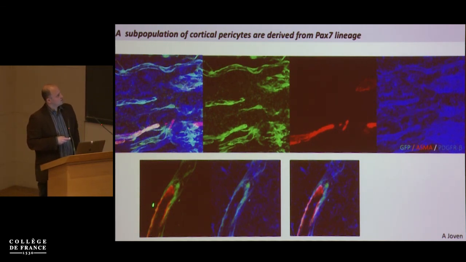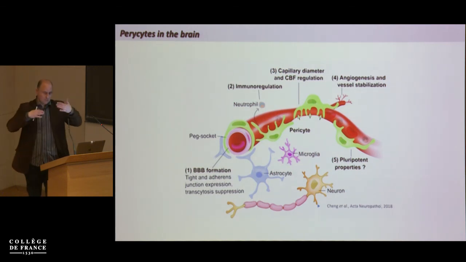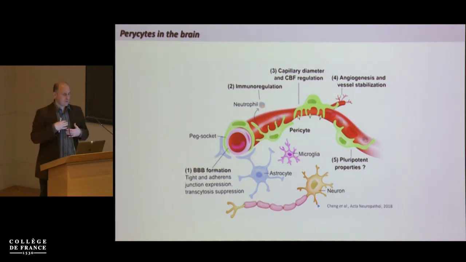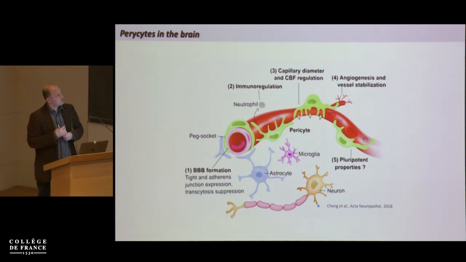You can see in this magnification how these green pericytes that express PDGF receptor beta are sort of encompassing the blood vessels. So we are actually zooming into this because pericytes are known both to regulate permeability, but also blood vessel formation.